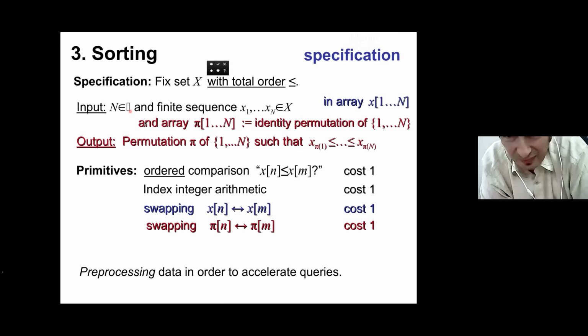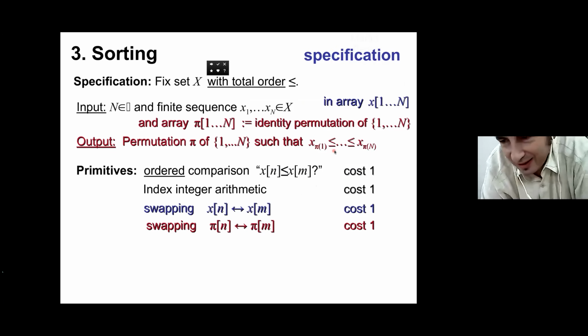Okay, so n is a natural number, and I have a sequence of elements which usually is stored in some array. And what I want is a permutation pi, so that the permuted elements are ordered. This means x pi 1 is less than or equal to x pi 2, and so on. In many cases, so let me say this from the beginning, we will not talk too much about this permutation itself.